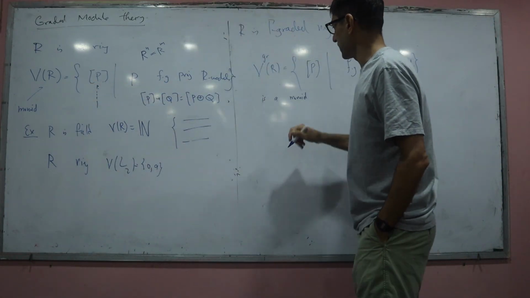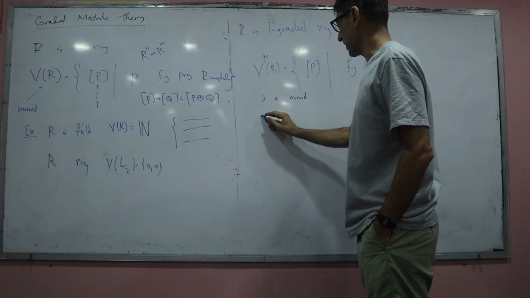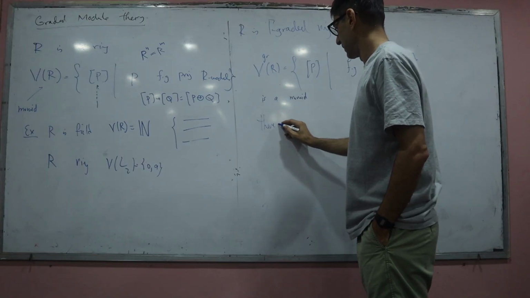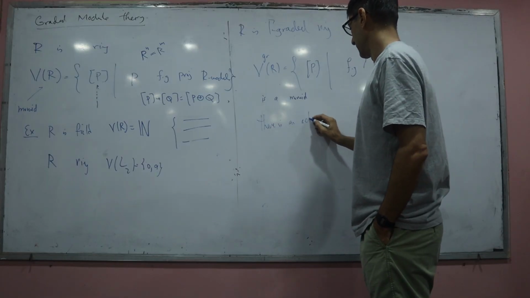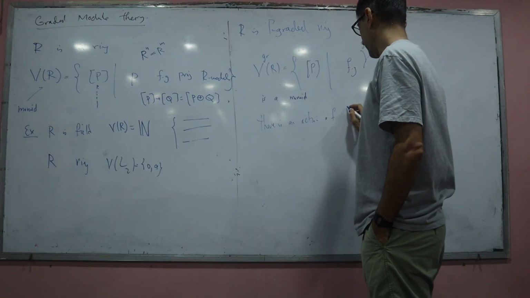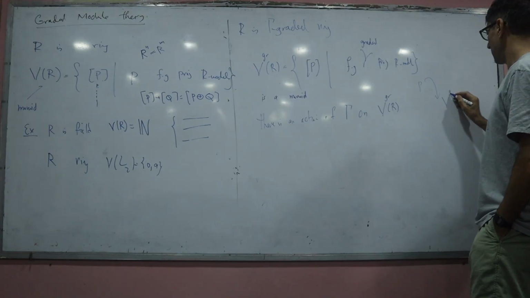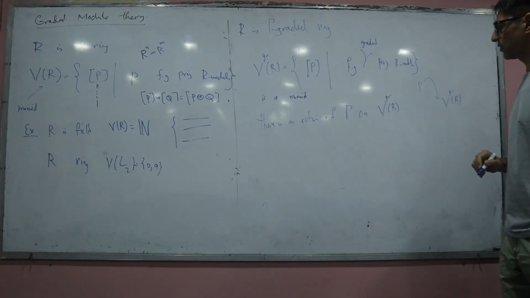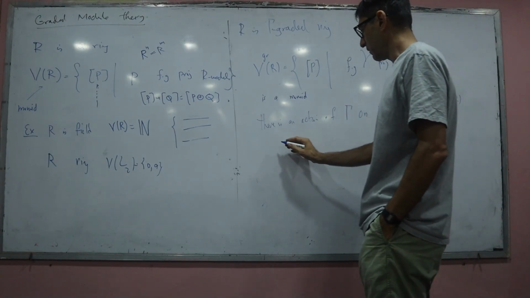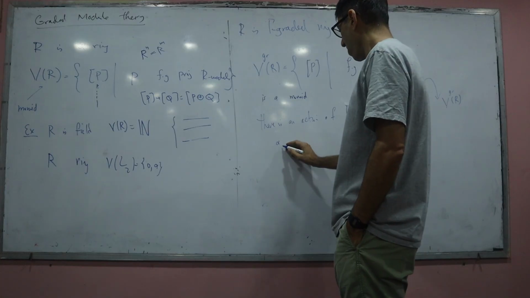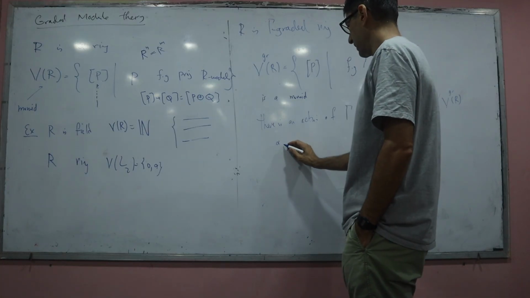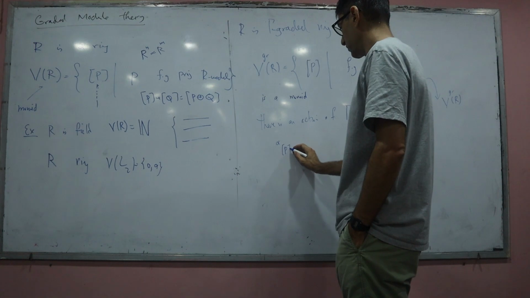The extra structure is that there is an action of Gamma on this. How? So I have to tell you, if you give me an alpha and you give me an element here, this is how I write it.